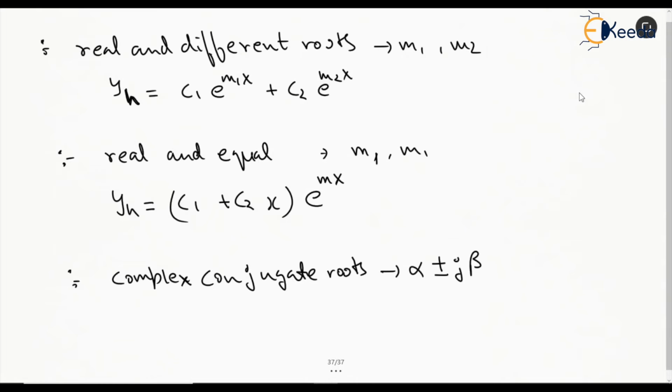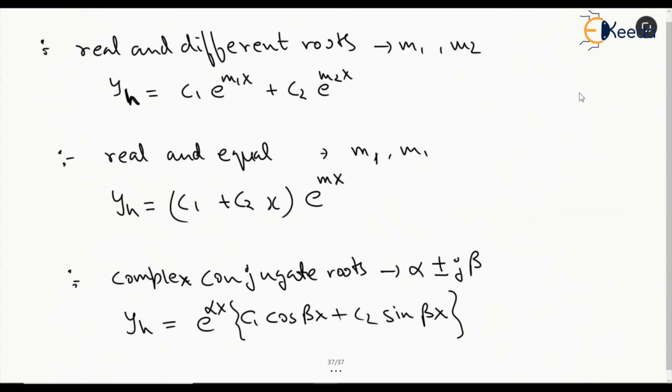In that case the homogeneous equation will have the solution like e to the power of alpha x into (c1 cos beta x plus c2 sin beta x).